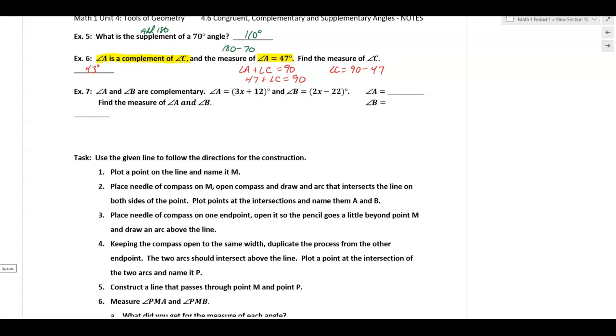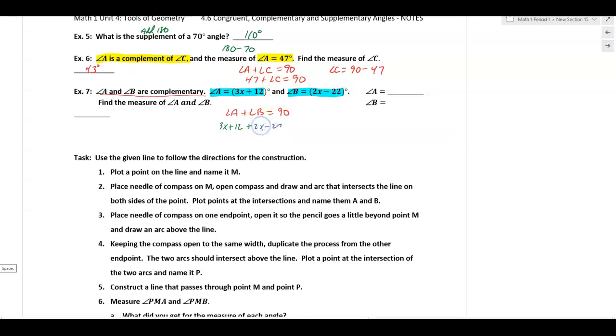Example 7. Angles A and B are complementary. So right away, if they're complementary, angle A plus angle B adds up to 90. Now they want us to find the measure of angle A and angle B. So what I'm going to do is plug these values in. I'm going to replace angle A with 3x plus 12, and angle B with 2x minus 22.